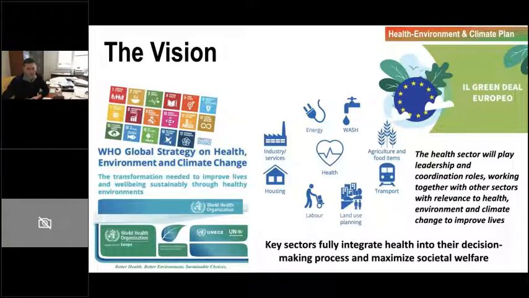that is perfectly agreed with the Ostrava conference and the UN SDGs, that health should be a leader, and not to determine, but to understand and sustain the other sectors that have relevance to health, environment, and climate in a way that is protective for health.